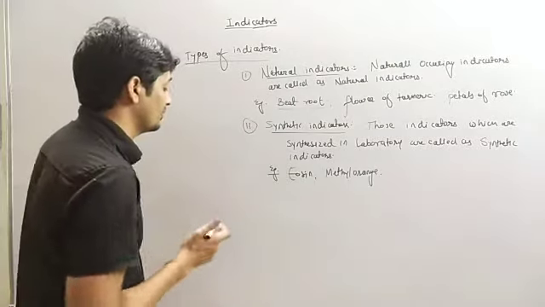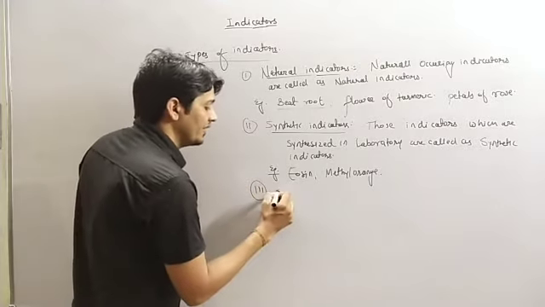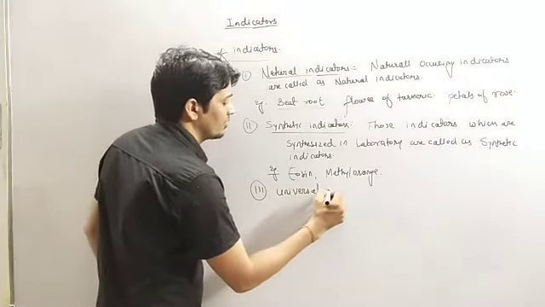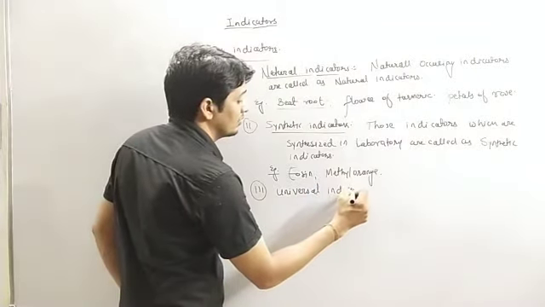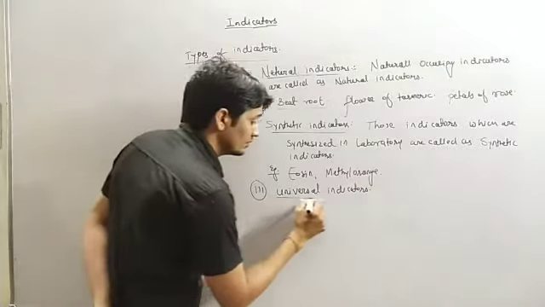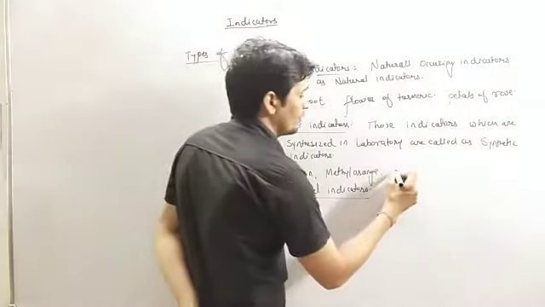So third type now, universal indicators. We have one more example in our synthetic, that is phenolphthalein.